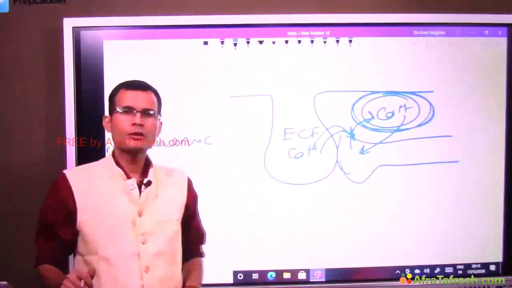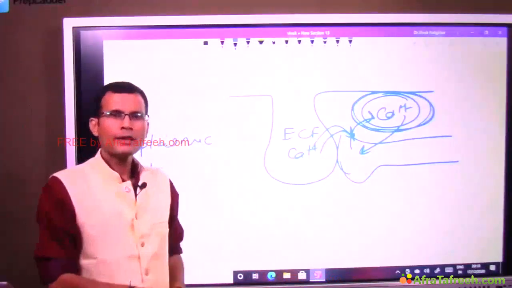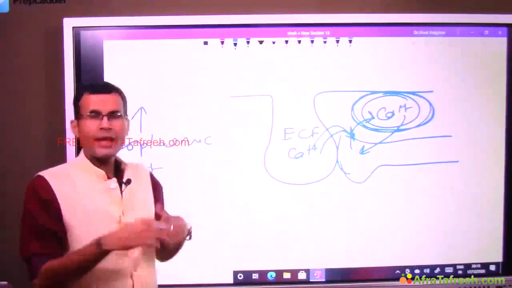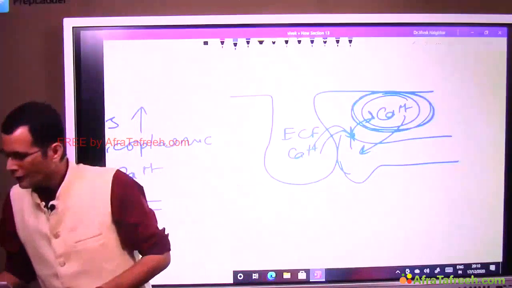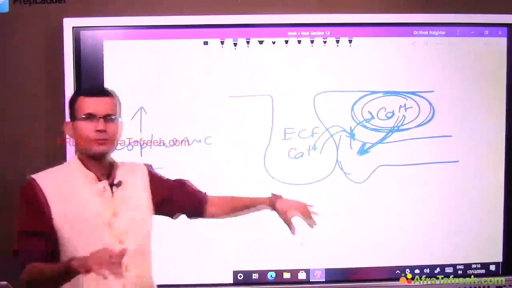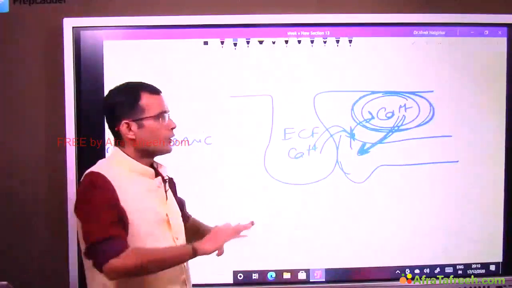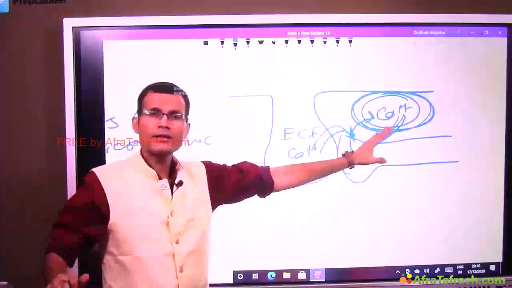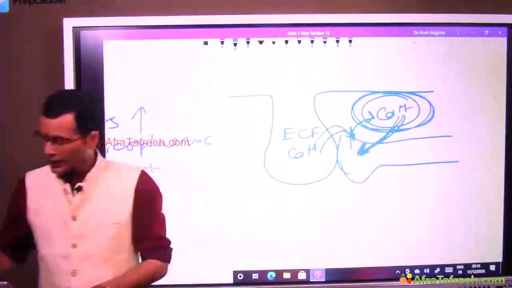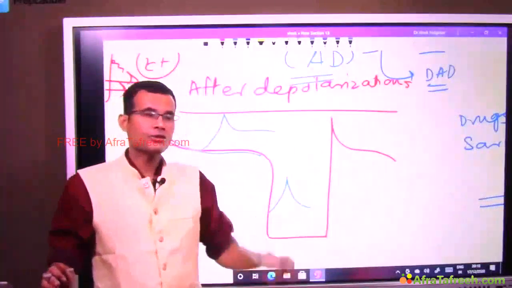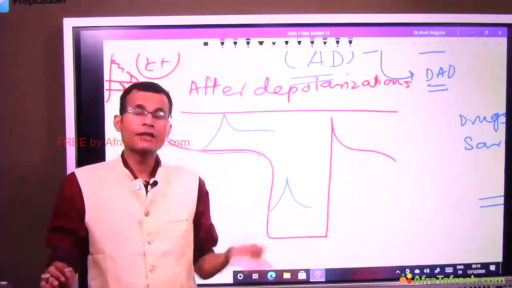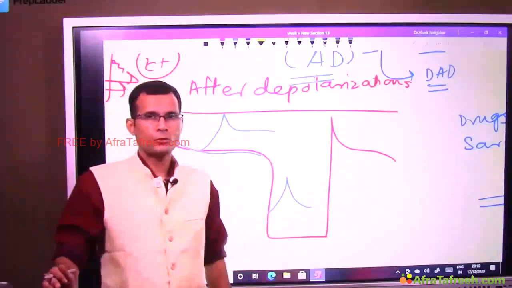You know, digitalis works by increasing the sarcoplasmic calcium. We have discussed it elsewhere. Now the calcium level has increased so much in the sarcoplasm that even if the calcium has gone out, so much calcium stays back in the sarcoplasm that it can trigger an extra action potential or depolarization, and it can trigger the extrasystole.